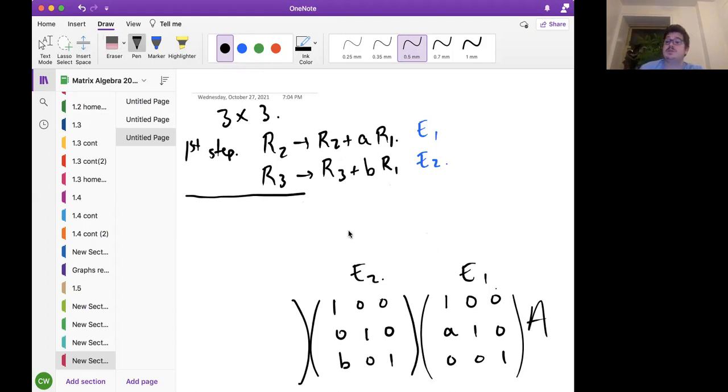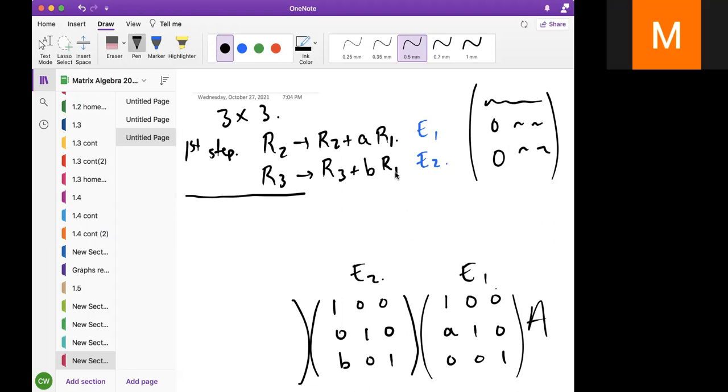So what would you do next? Now that you've eliminated all the entries in column 1, what's your next step? Yeah, you look at column 2 and there's only one thing you need to eliminate, right?